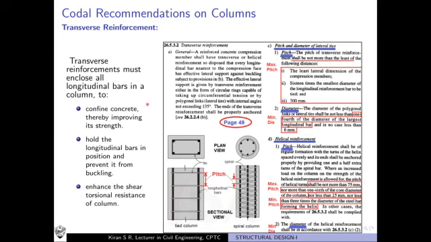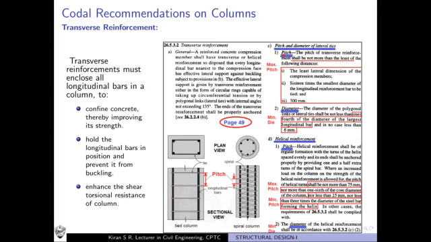We know that the transverse reinforcements are provided in the form of lateral ties like this, separate elements in the form of loops, or they may be provided as continuous spirals or helical reinforcements. So we have codal recommendations separately for lateral ties as well as for spirals or helical reinforcements.